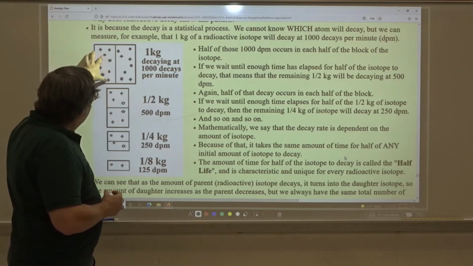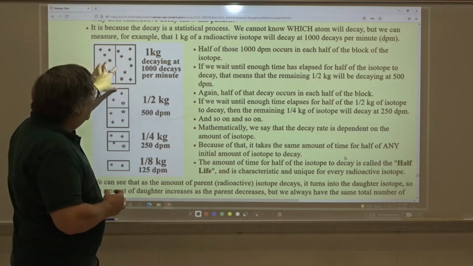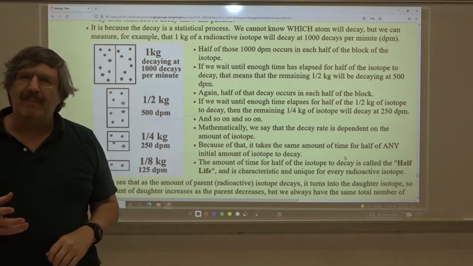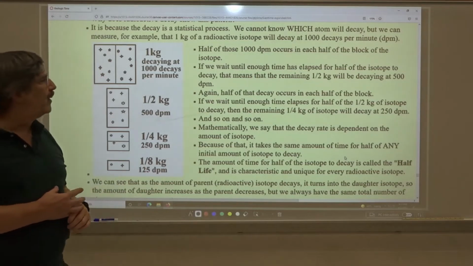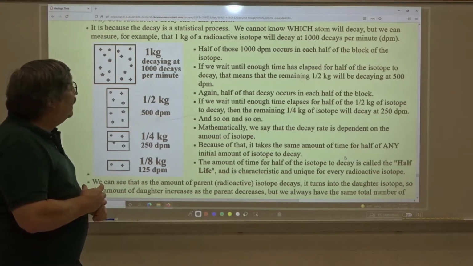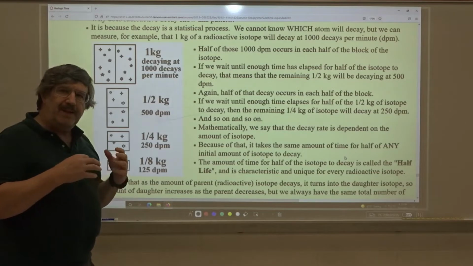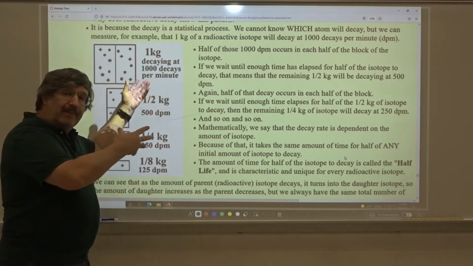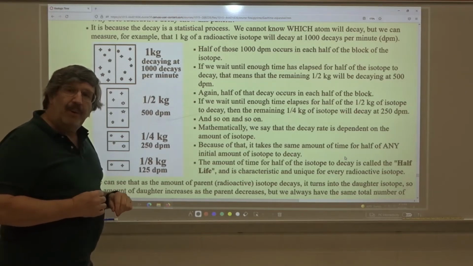Well, the decays occur randomly. There's no way to tell which atom within this radioactive material is going to decay, so it is a statistical process. The odds are that sooner or later every atom will decay, but we don't know which one.